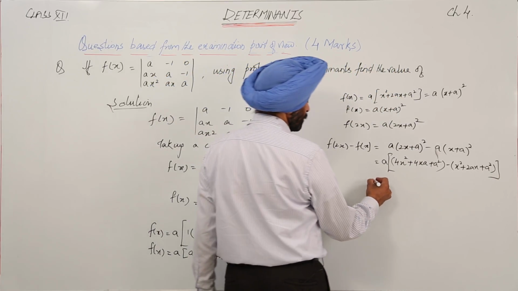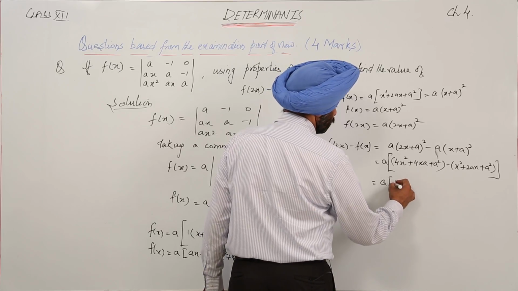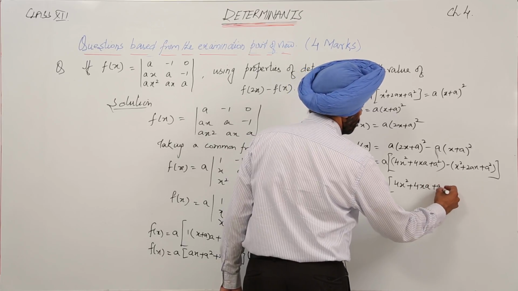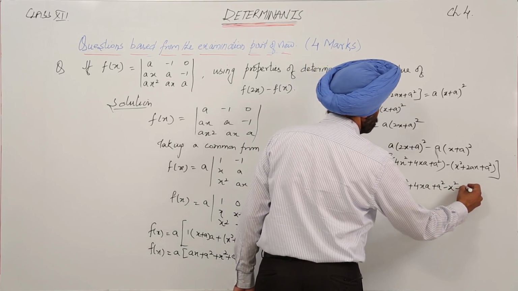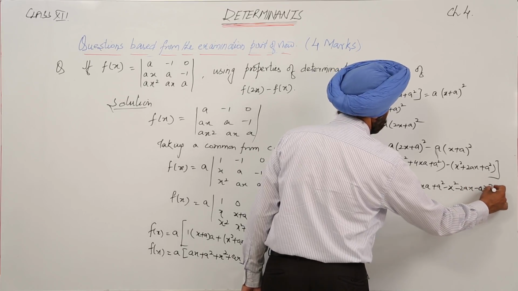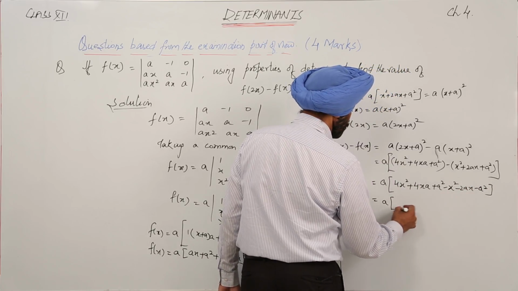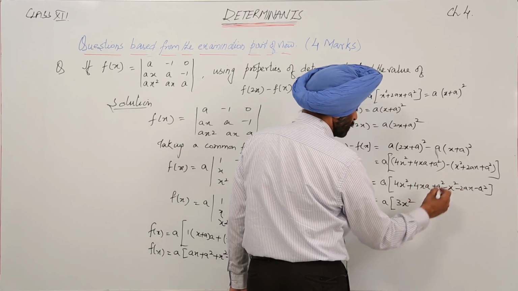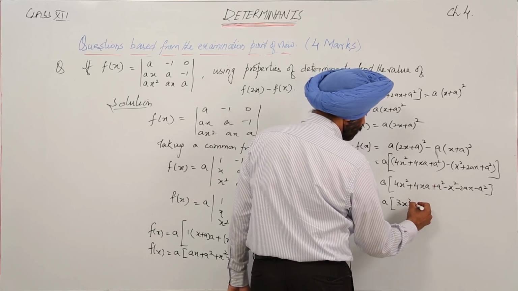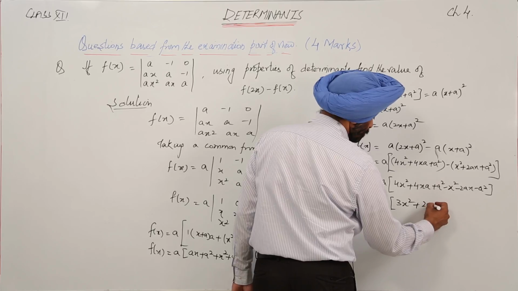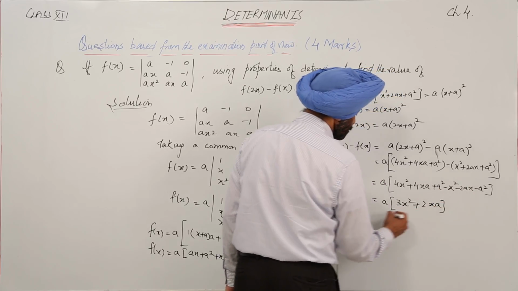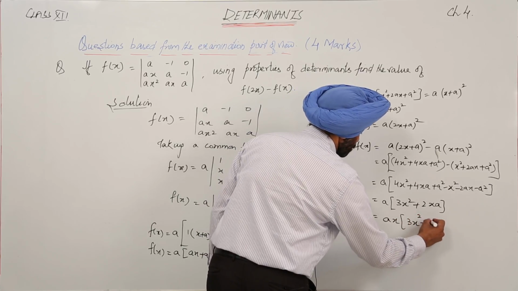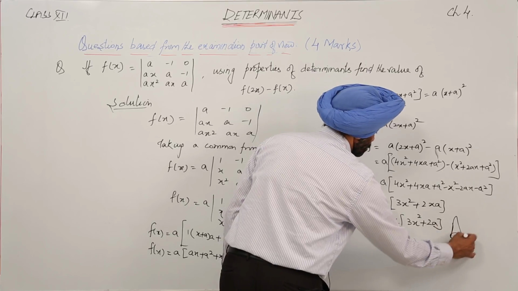Okay, so we are having now a, now 4x square plus 4xa plus a square minus x square minus 2ax minus a square, and we are left with now a, now 4x square and x square, 3x square, 4xa and minus 2xa is 2xa, and a square cancels. So we are having ax with 3x plus 2a, and this is the answer.